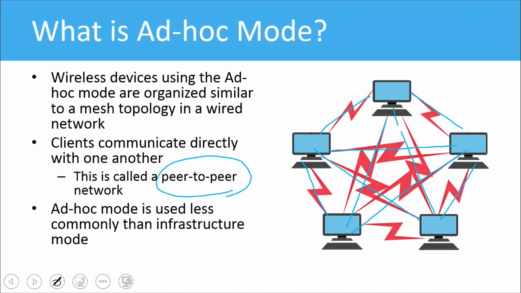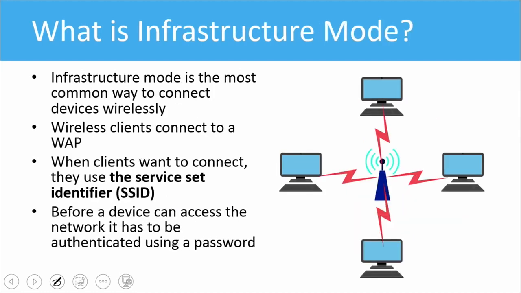And this is probably the one that you're using right now, even in your house. You could also use it at work or even at school. Infrastructure mode is the most common way to connect wirelessly. Like we've been talking about this entire time, your device connects to a wireless access point, which is connected to a cable that trails off to a switch and off into a router.